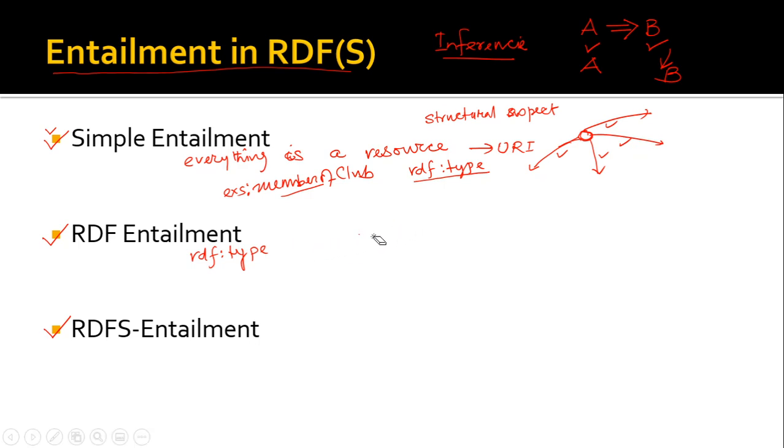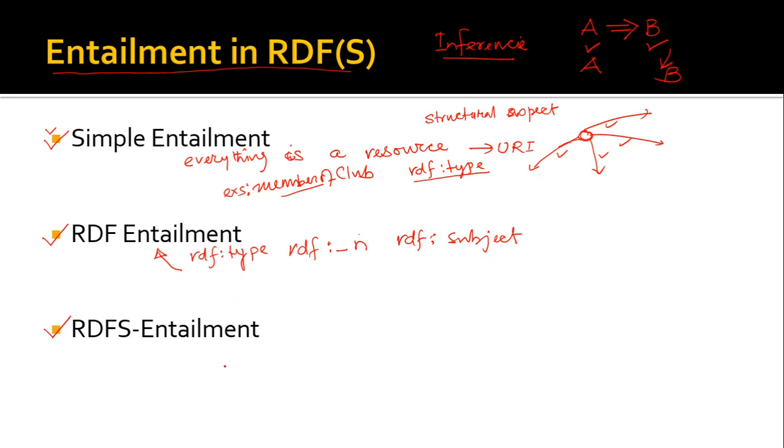So you can say RDF type, or say RDF colon underscore n. You have other examples like RDF subject. So these are all very special properties or special vocabulary items, and they should be treated in a different way, right? And that is done in RDF entailment, right?